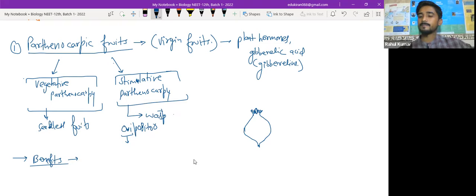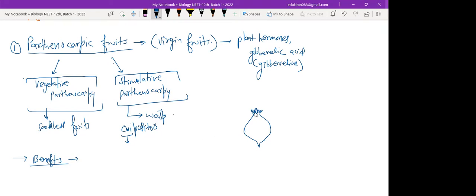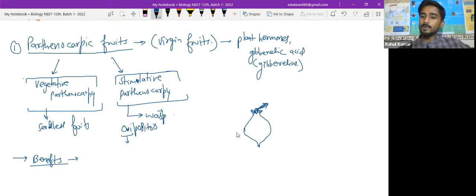Have you noticed this? Yes. This was the part that was supposed to ripen and become a true fruit. And this is the covering of that ovary, inside which there are lots of ovules. But what happens, instead of this ovary and this covering, these ovules start storing food. So if you take a pomegranate seed, which we eat, it looks something like this, right?